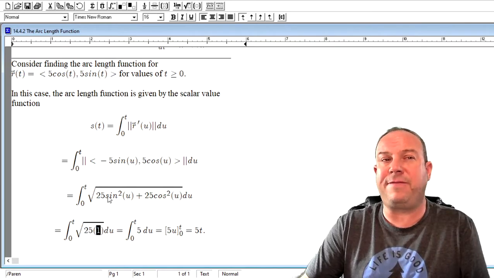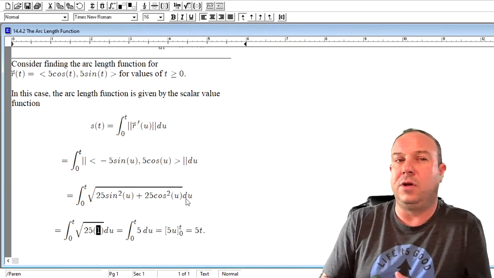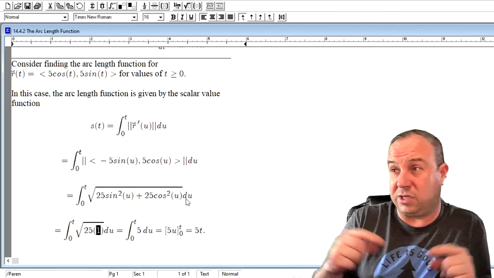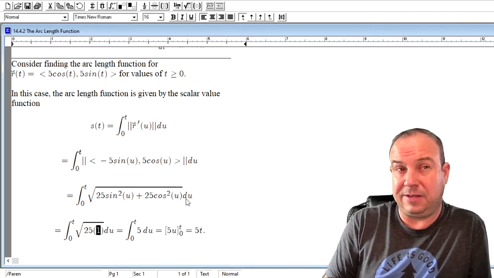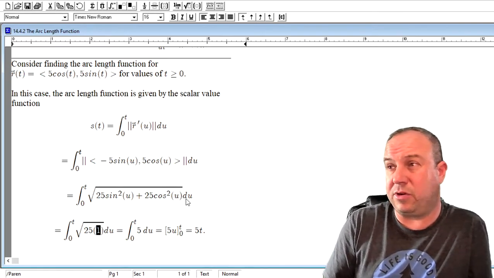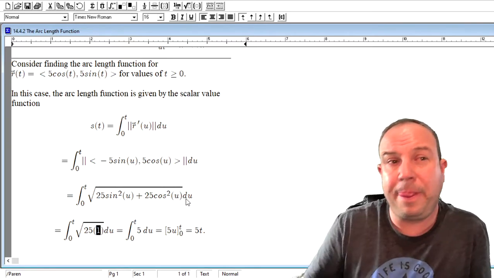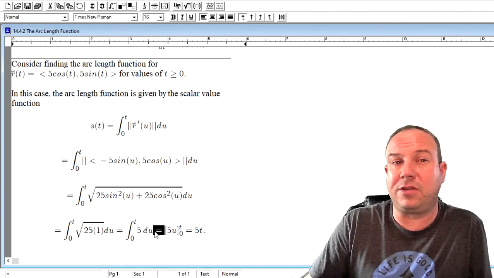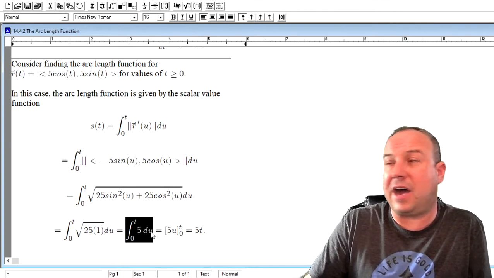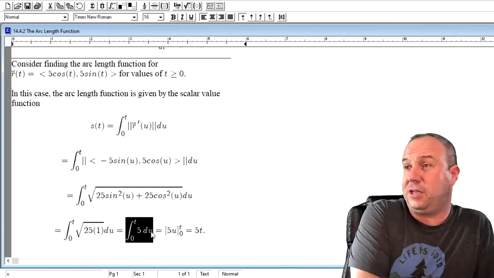That's 25 factored out of sine squared u plus cosine squared u, which has been simplified to 1. So really what we have here is the square root of 25 as our integrand. Well, we know what that is. That's 5. So we're just integrating from 0 to t the integrand of 5, all integrated with respect to u.